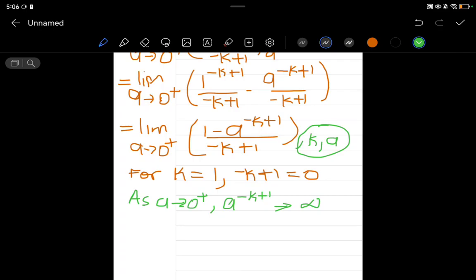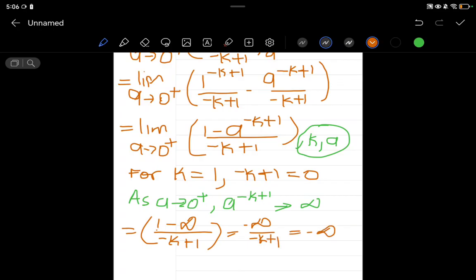So since that is infinity, this simply means that we are going to have 1 minus infinity over minus k plus 1, which will be minus infinity.